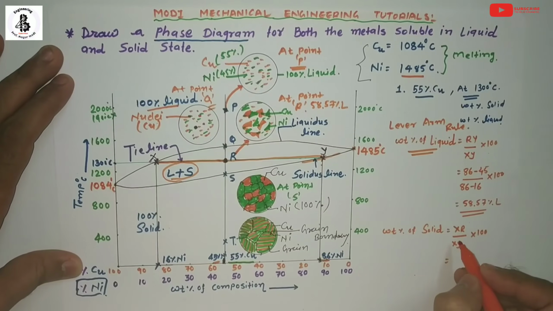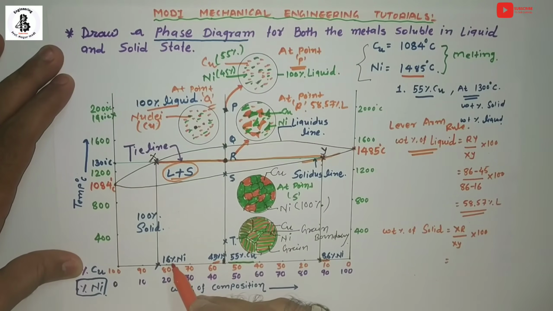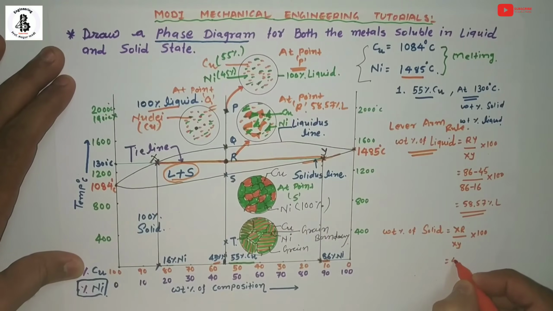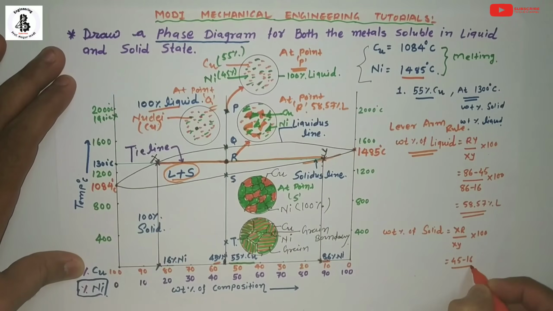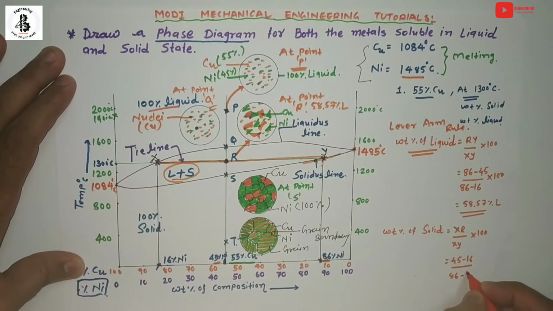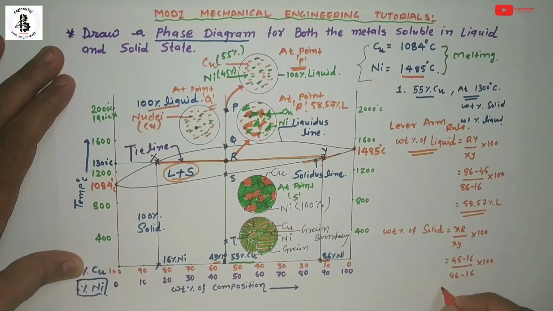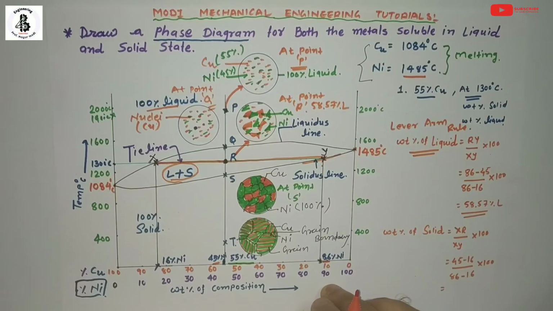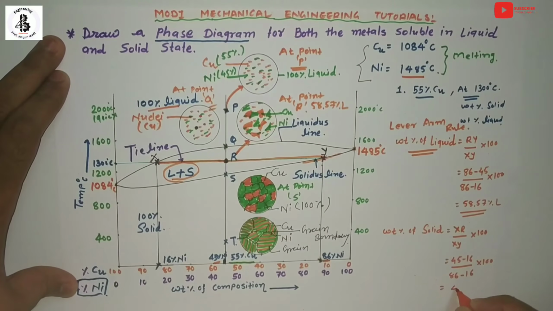So you can see XR means 45 nickel minus 16 nickel, and 86 nickel minus 16, into 100. So that will be almost around 41.43%.